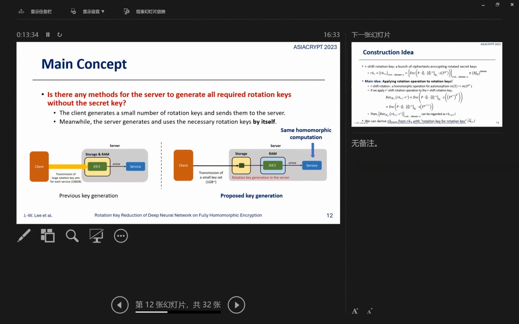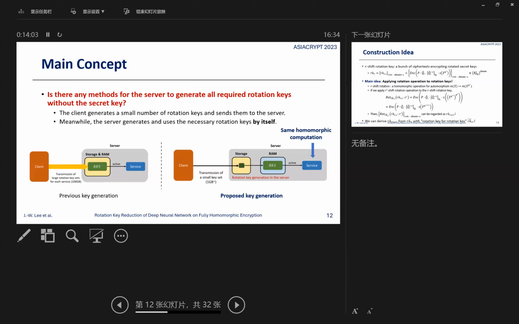But in our proposed key generation method, only a so-called seed of the key generation is generated and transmitted from the client. And then the server can generate the required rotation keys from this small set of seeds.